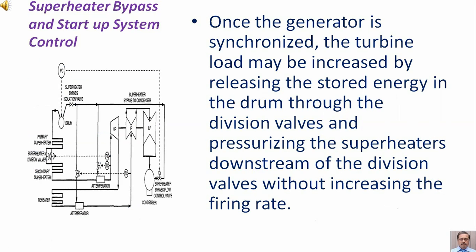Once the generator is synchronized, the turbine load may be increased by releasing the stored energy in the drum through the division valves and pressurizing the superheaters downstream of the division valves without increasing the firing rate.